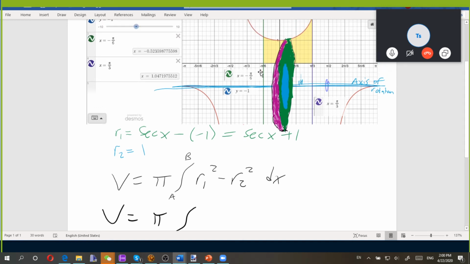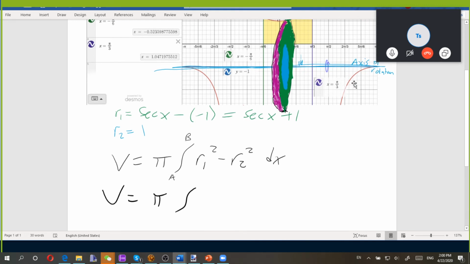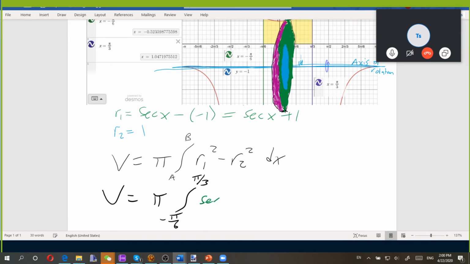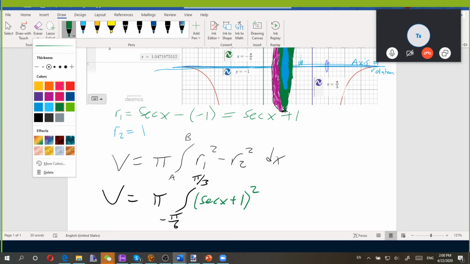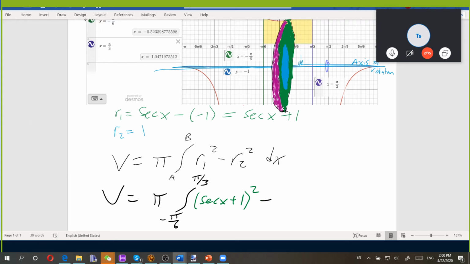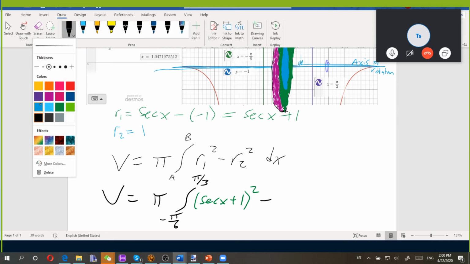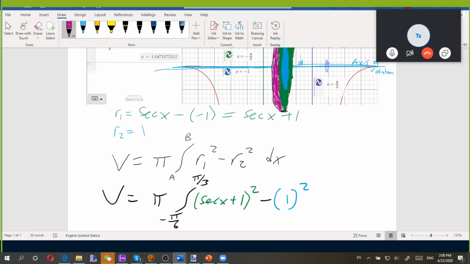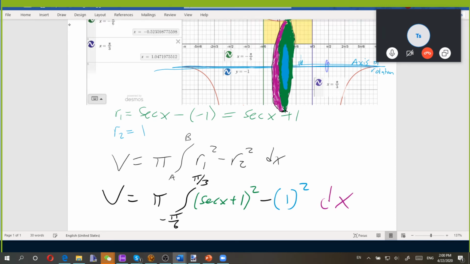This area starts at negative pi over 6 and ends at pi over 3. My first radius is here in green, secant x plus 1. I'll need to square that, minus our second radius here in blue, which is 1, squared, times our depth in purple, which is dx.